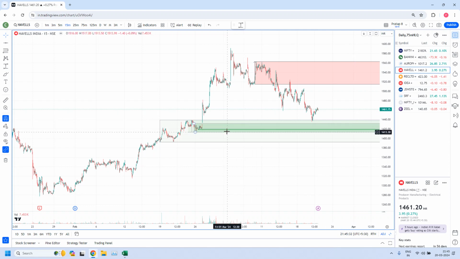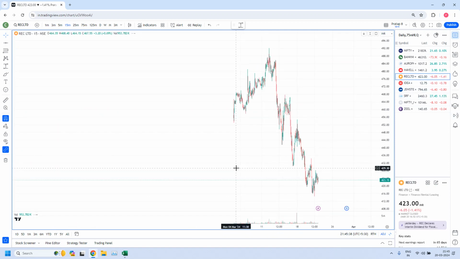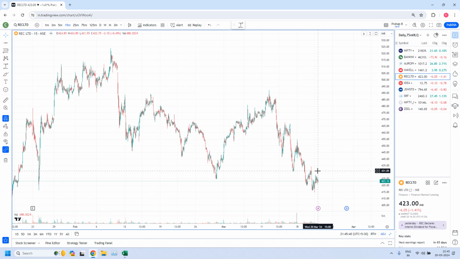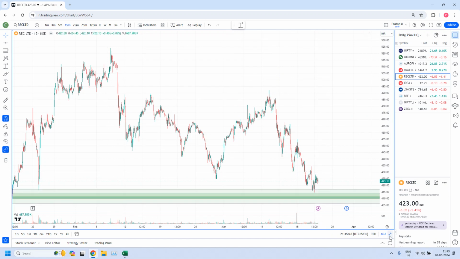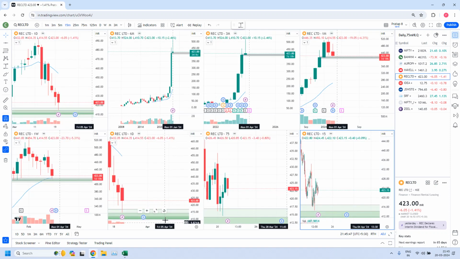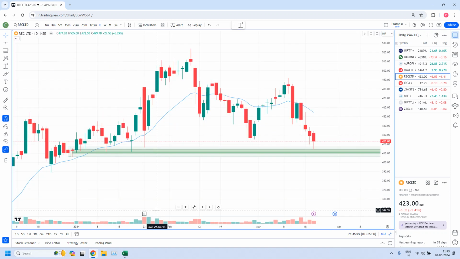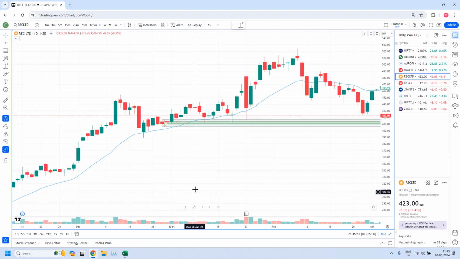Some learning you have from this particular fine-tuning of the zone. REC Limited, already we fine-tuned this zone several days back. This is also a daily zone. Already we fine-tuned.